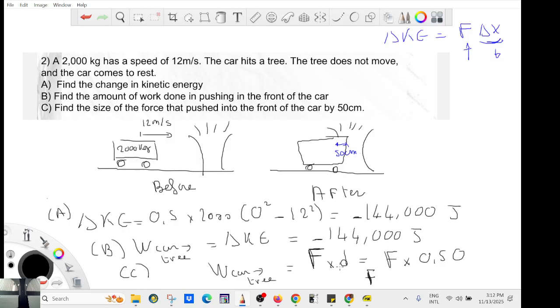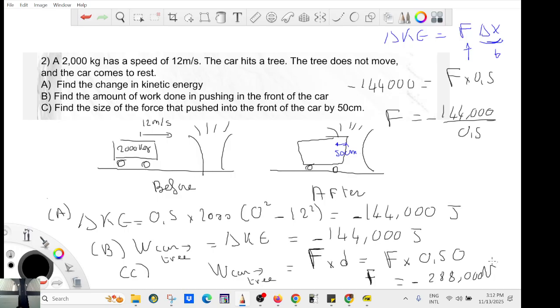Are you with me? Negative 144,000 equals the force times 0.5. So you divide by 0.5, and it's going to be negative 288,000 Newton. Okay? Any question?